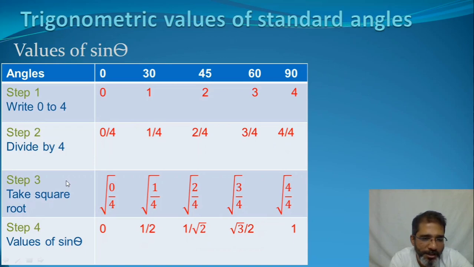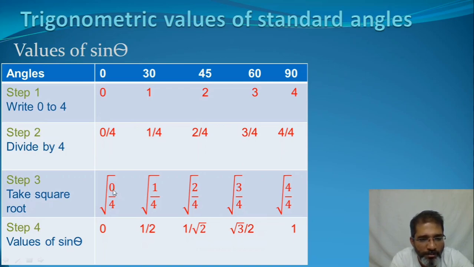Third step, we are finding the square root of each: square root of 0 by 4, square root of 1 by 4, square root of 2 by 4, square root of 3 by 4 and square root of 4 by 4. The last step is we are just finding the answer for this and writing it down.